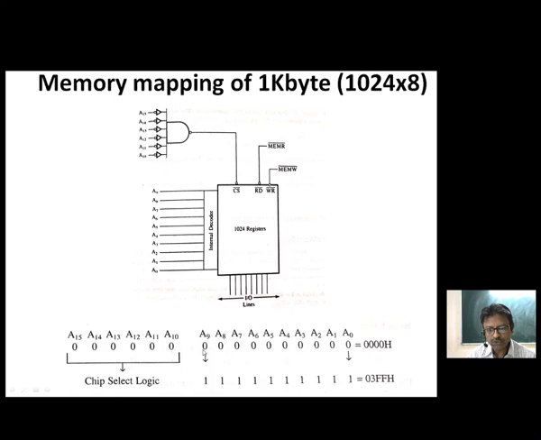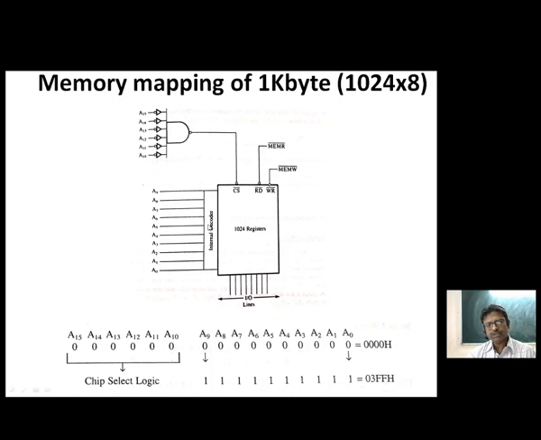It means the initial value of A0 to A9 will be 0000000000, the next value will be 0000000001, the next value will be 0000000010, then 0000000011, and so on, and the last, maximum value will be 1111111111. So this will be the last address and this will be the first address, and in between, including these two, there will be 1024 different addresses.